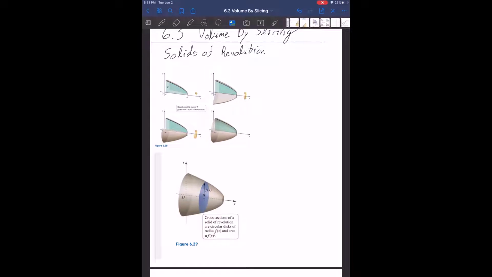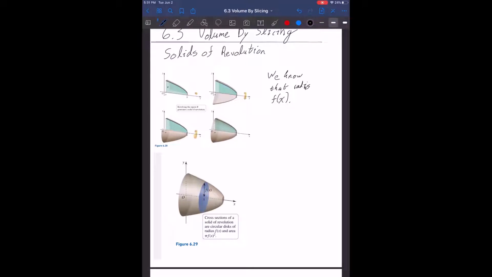So the basic idea is that if we're given some function f of x, we know what the radius is at any one specific point. We know that the radius is just going to be this f of x, and you can see this from this figure 6.29 down here, f of x.